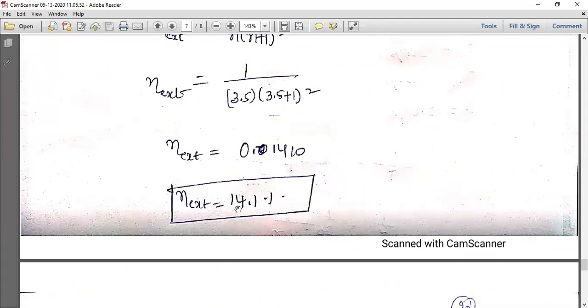Apart from that, the other important things are quantum efficiency and LED power derivation. If the derivation is not asked, they will ask the solved problems. In the previous question paper, they asked almost 1.5 questions from this, so it is very important. I'll stop my class here.